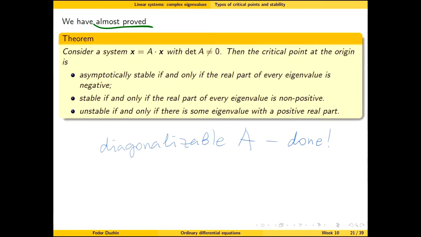But the theorem is still true for non-diagonalizable matrices. It's just that it's a bit trickier to check it. But anyway, the theorem is correct. So if you are very interested in the subject, I suggest that you just read the textbook about non-diagonalizable matrices and see how it is done in that case.